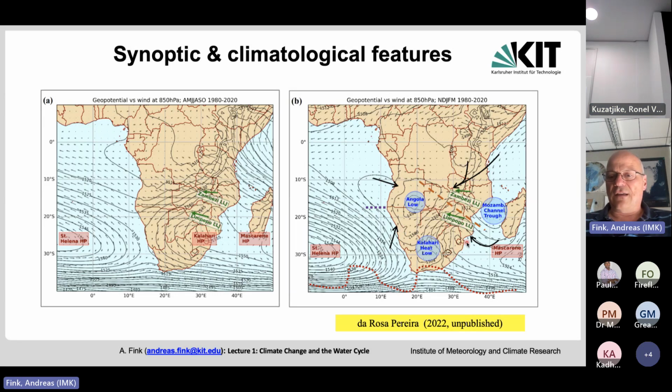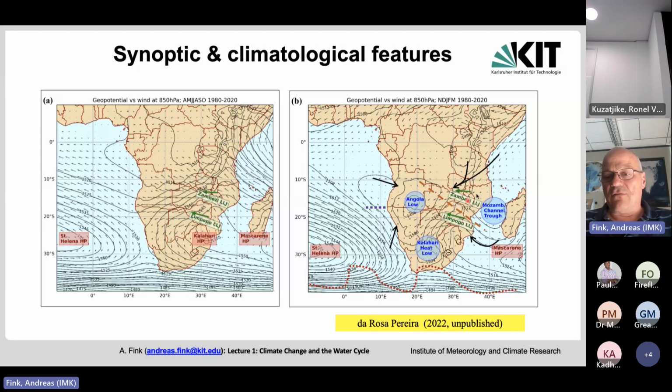What you also see here, and I'm coming to this later on, is the so-called Zambezi low-level jet and Limpopo low-level jet. These are two big river valleys, as you know. Through these valleys there are jet streams at low levels, especially at night.